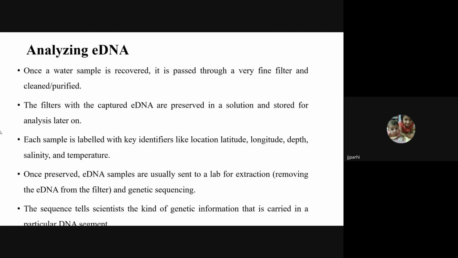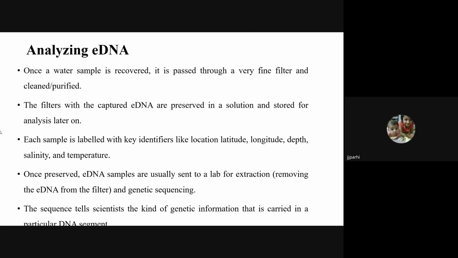The eDNA must be preserved properly on this cellulose. You can store it and use it later on, or you can use it without storing also. These samples have to be marked with proper identification, like where they were collected, the latitude, the longitude, depth, salinity, etc.